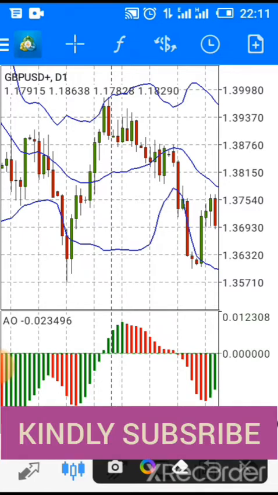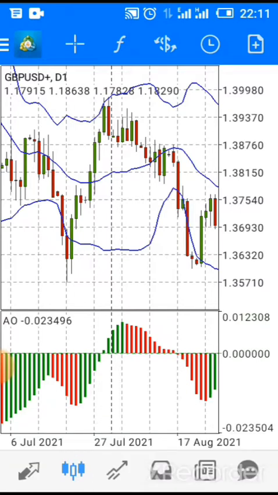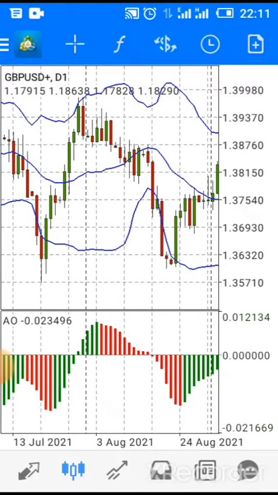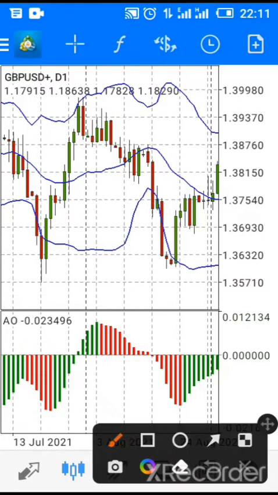So in this video we really want to look at how effective demand zones can be. We've been able to identify a demand zone here. This is a demand zone, so you can draw a line here.